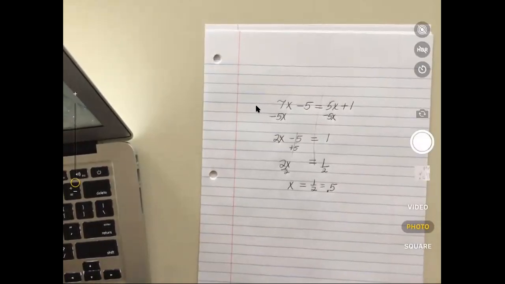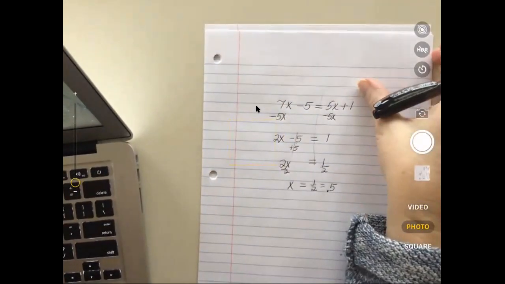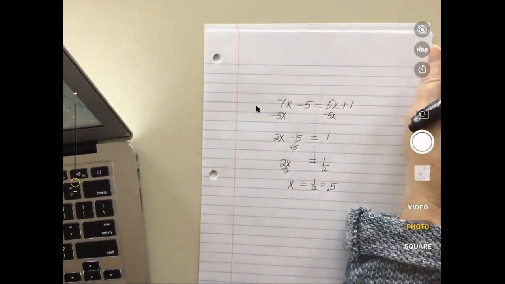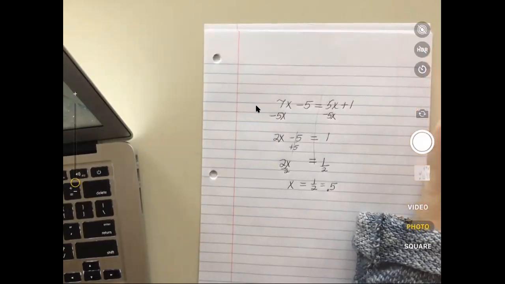Can we go over properties of tangents? Tangent?